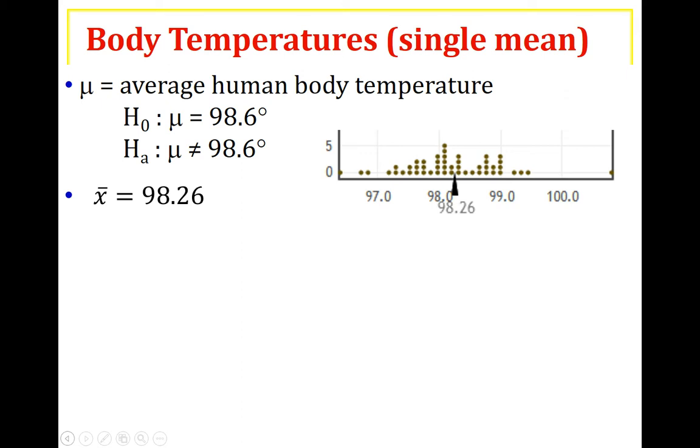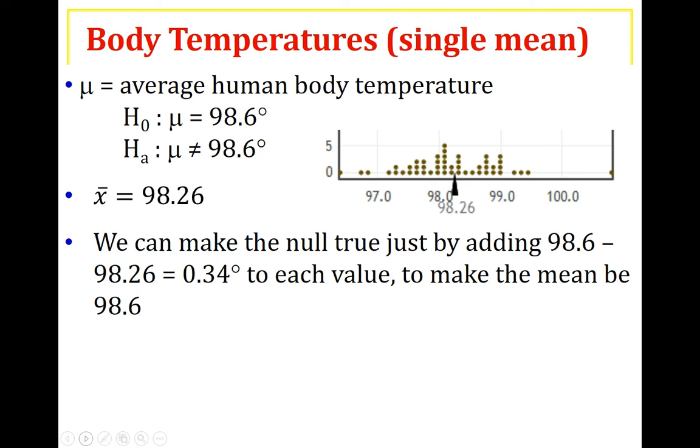So we have a statistic and we really want to know the unusualness of 98.26 compared to 98.6. Well, we can make them all true just by adding 98.6 minus 98.26, which is a 0.34 degree difference, and we can adjust all data values by 0.34 degrees.